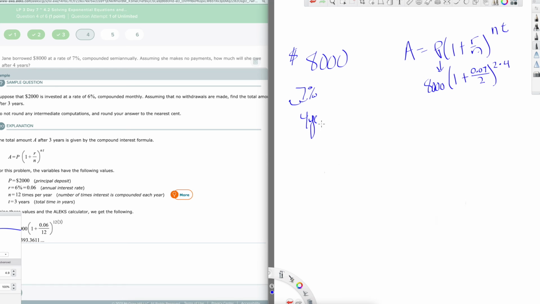Years. So the pieces that definitely change, we had the percentage, which we were given. We had the 4 years, which we were given. The 8,000, which we were also given. But the piece that is brand new that we were not given is this 2 that we have to pay attention to.